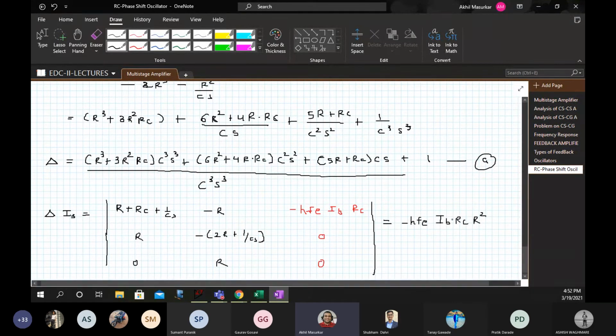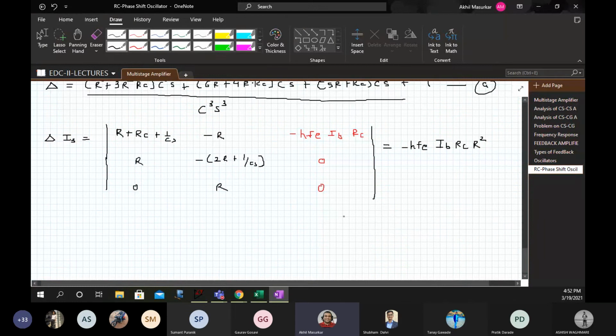Now we have delta I3 and we have delta also. So now very easily we should be able to write I3. So I3 was equal to delta I3 upon delta.